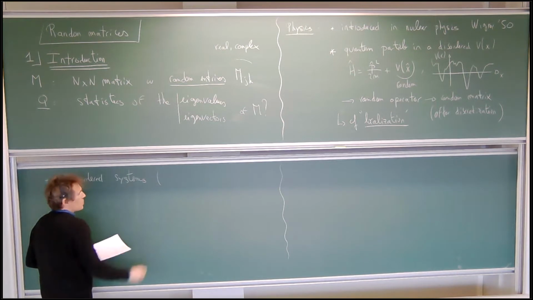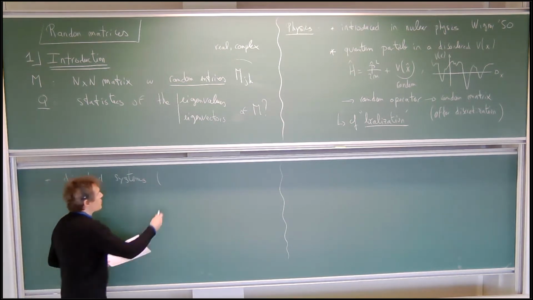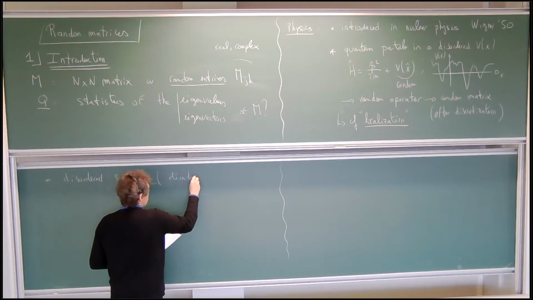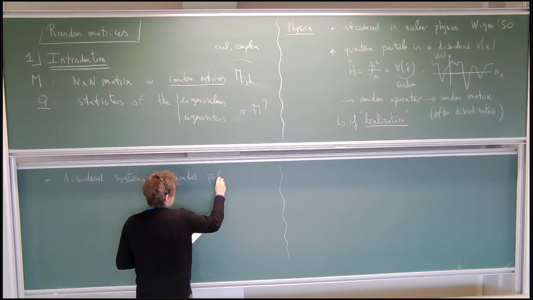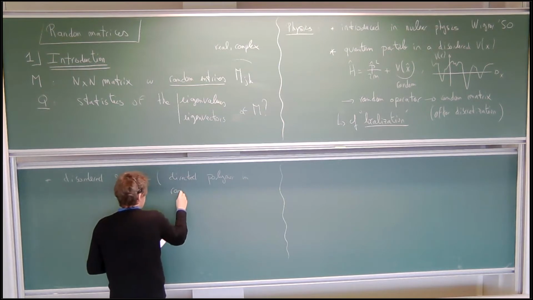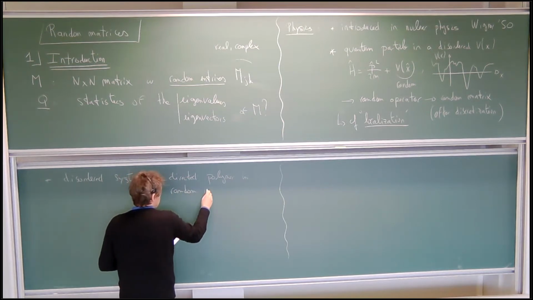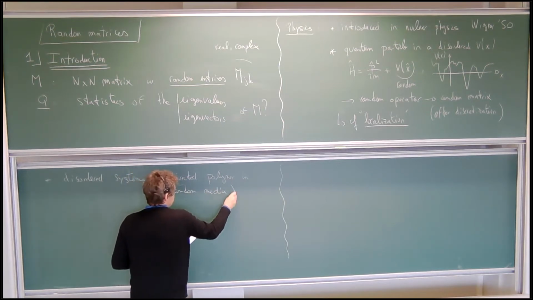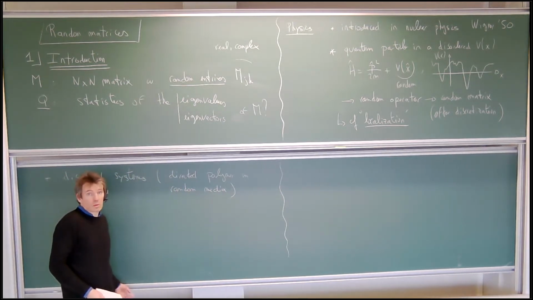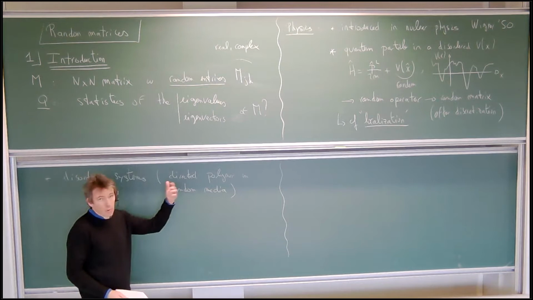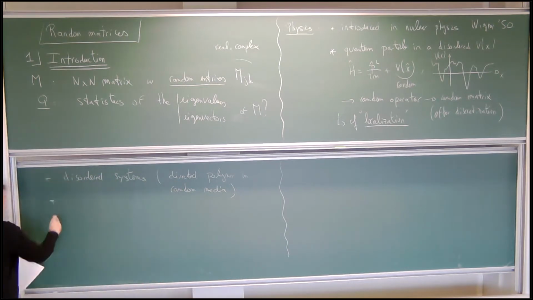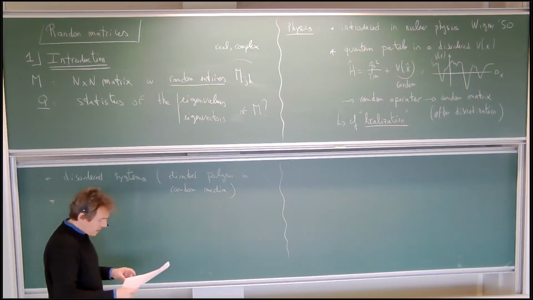But in these disordered systems, for instance, if you look at directed polymers, as we did last time, in random media, well, they turn out to be related to random matrix problems. Maybe I will say more at the end of this lecture if I have time.